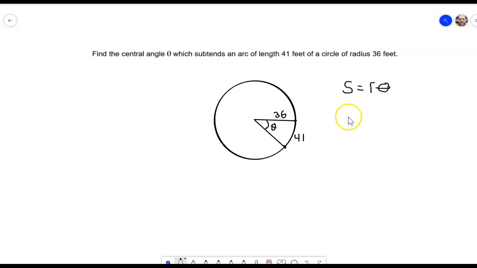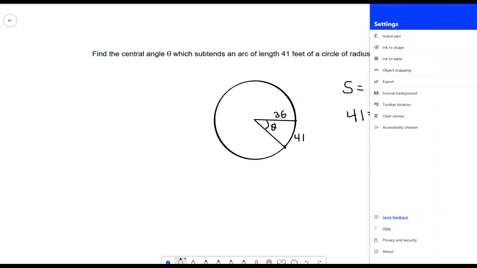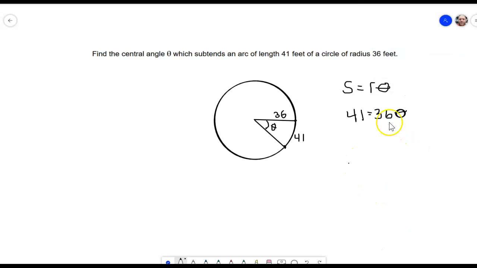In this case my arc length is 41 and my radius is 36, and theta is my unknown. That's what I'm trying to find. Let me turn my ink to shape off. So I divide both sides by 36 to solve for theta.